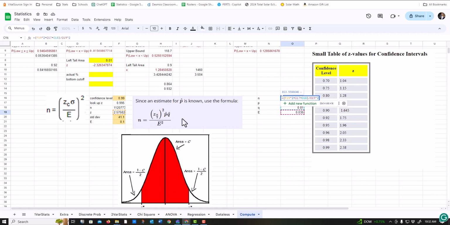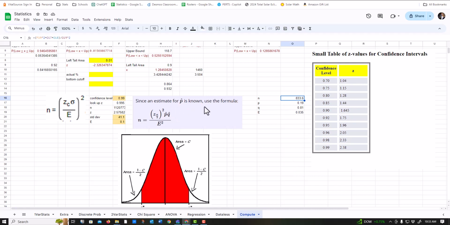So all I did was recreate this formula right here. When I hit enter, it automatically gives me my answer, and I can decrease the decimal, because you always want to round up. So you want to look at this decimal place here, because this one is going to round up. But even if this was 833.1, you would still round up to 834.